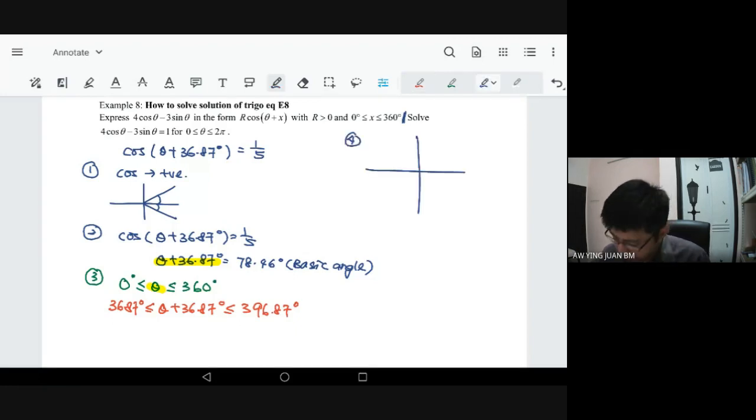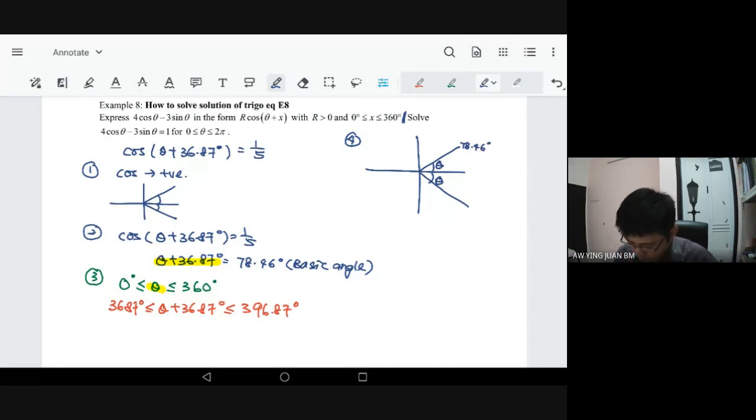The rotation. So first step is to locate the basic angle. So here we have the basic angle, which is 78.46. That is our basic angle. Second is to identify the situation. Where is 36.87? So as we all know, this is 78.46.